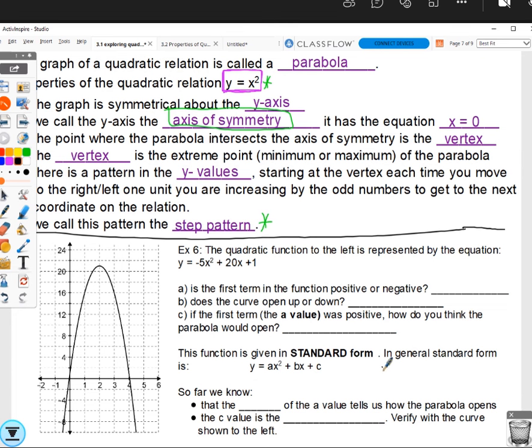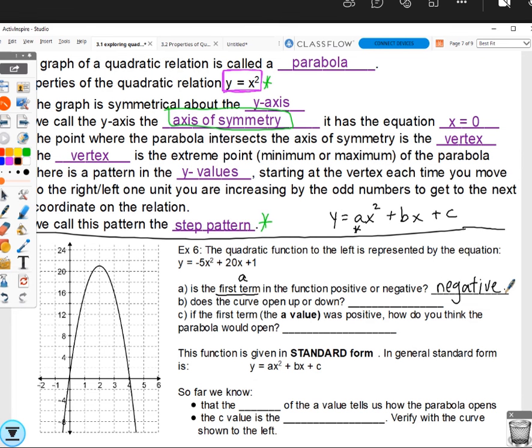When they say first term, they're talking about the a value in y equals ax squared plus bx plus c. So is it positive or negative? Negative 5. So this thing is negative.